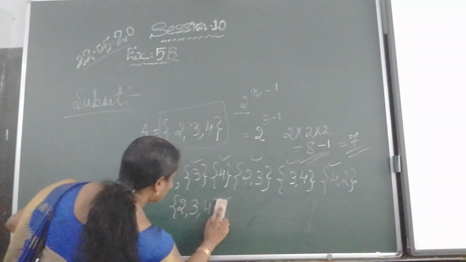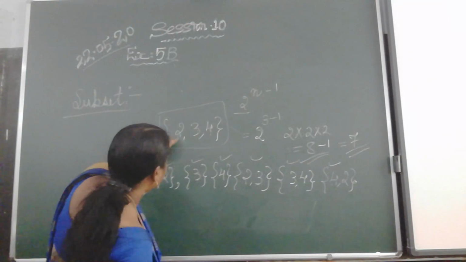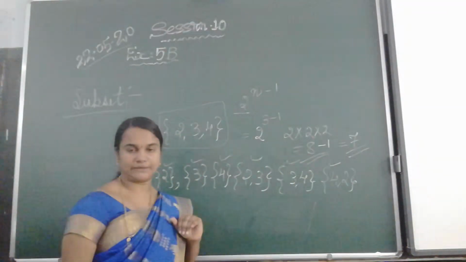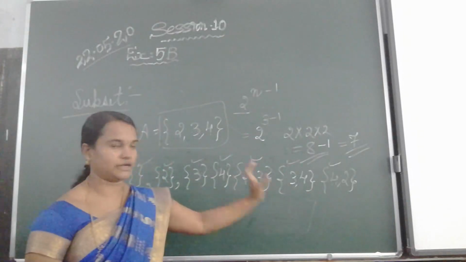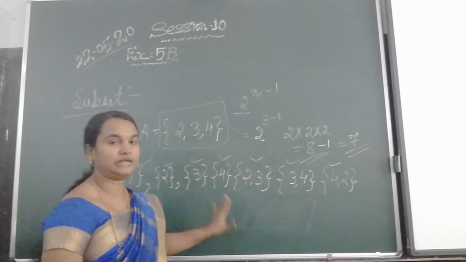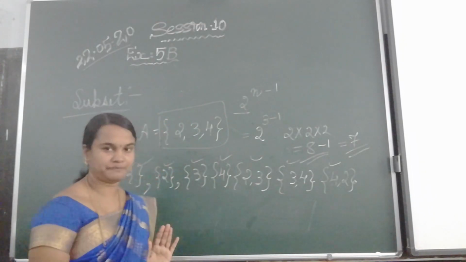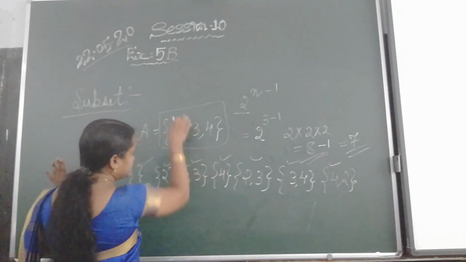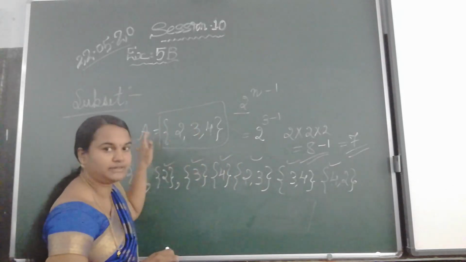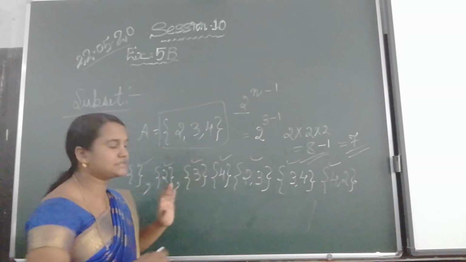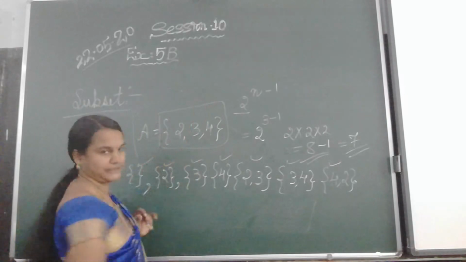That means the total number of proper subsets is 7. The set which they are giving, that we won't write. Remaining everything we have to write. Only the set which they have given, that we won't write; that is the proper subset. Clear? Subset means all the things, including that set also. If it is a proper subset, this one we won't write.